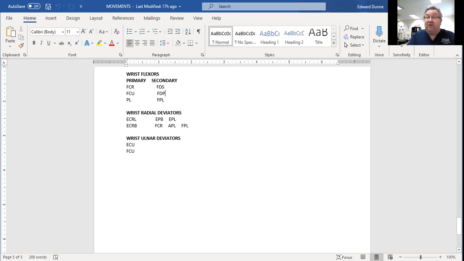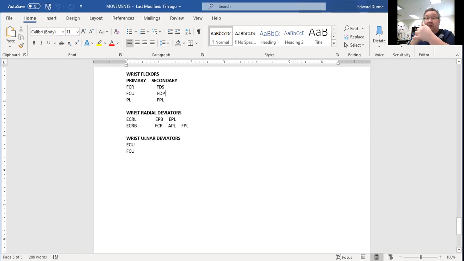Flexor digitorum profundus is the muscle that inserts into the distal phalange. And it is the only muscle, 2 through 5, that allows you to flex the distal digit.